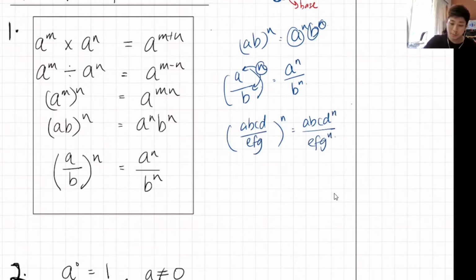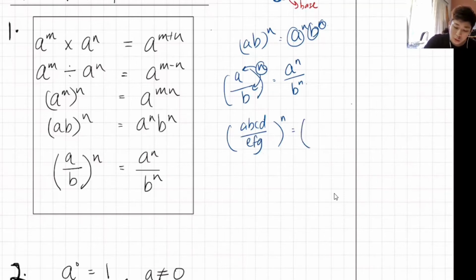Why is it not correct? There's always a reason. Whenever you have a situation like this, something multiplying or dividing to the power of something outside, you've got to multiply this power to the individual items, to individual unknowns inside, or individual numbers inside.